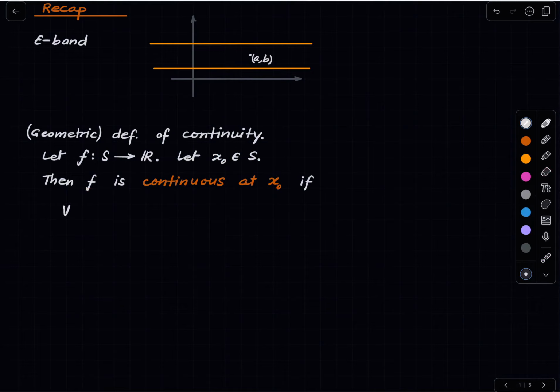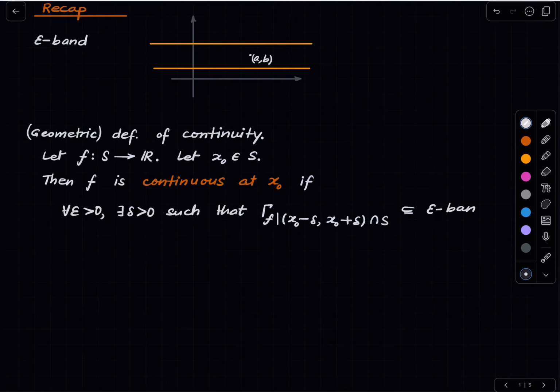If for all epsilon greater than 0, there exists delta greater than 0 such that the graph of the restriction of f to this delta neighborhood is contained in the epsilon band about the point (x0, f(x0)).